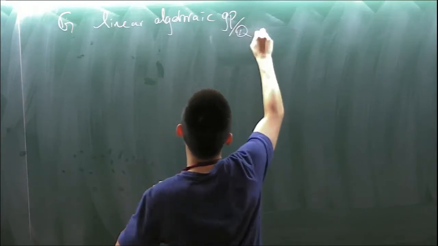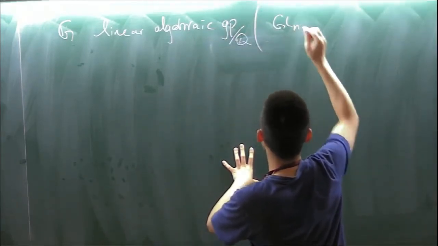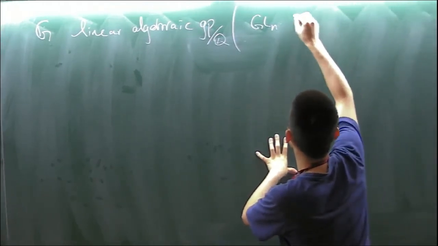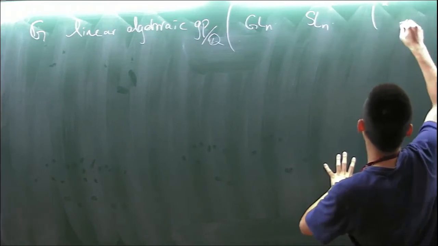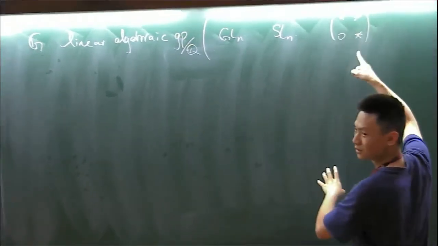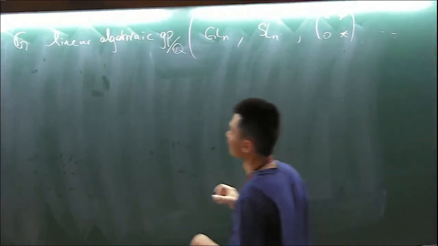So for instance, GLN, SLN, the upper triangular group, and so on.